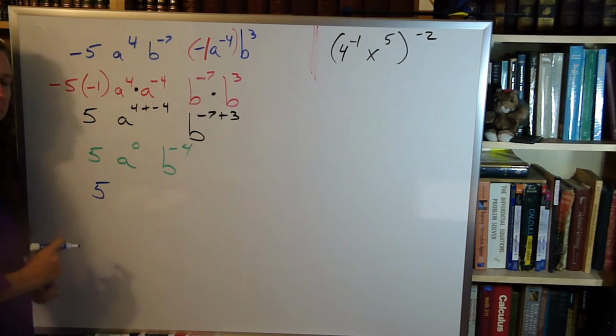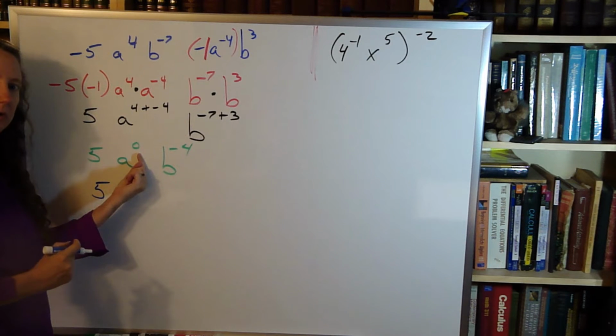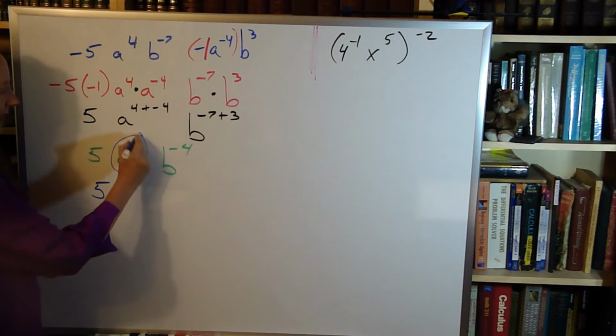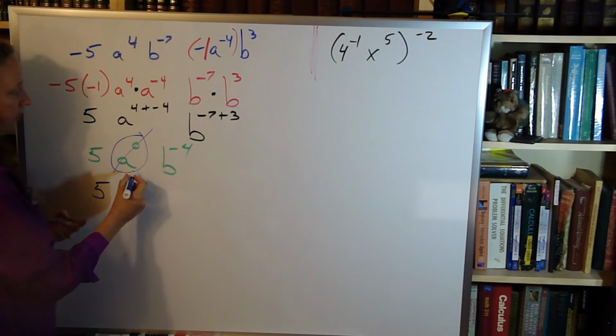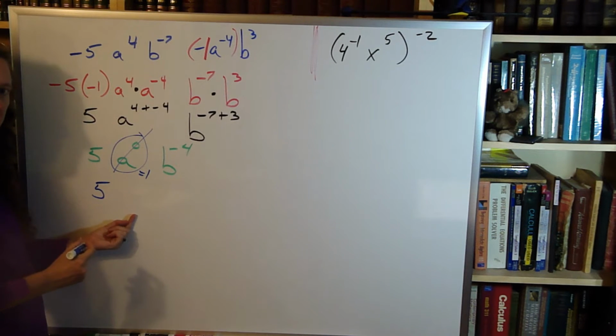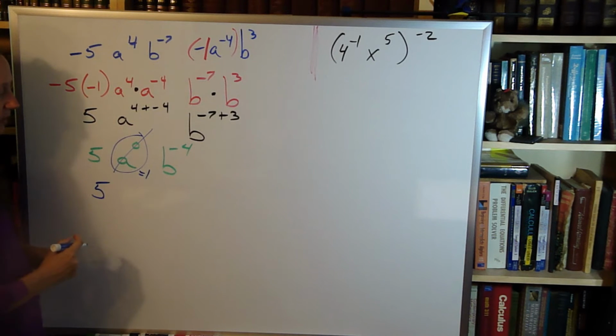A to the 0. Well, anything raised to the 0 power is equal to 1. So that drops out. It turns into 1. And anything times 1 is itself. So I don't need that A to the 0 at all.